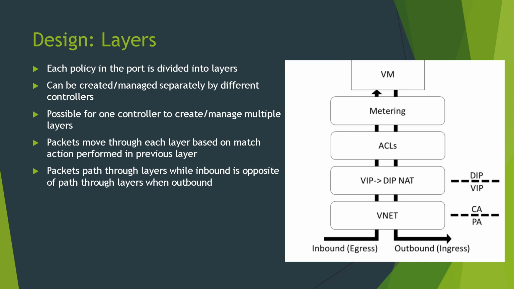This layer thus implements an address space boundary, where any packets above it are in DIP space, and any packets below it are in VIP space. Other controllers could choose to create layers above or below this NAT layer, and can plumb rules to match VIPs or DIPs respectively, all without coordination or involvement of the NAT controller.